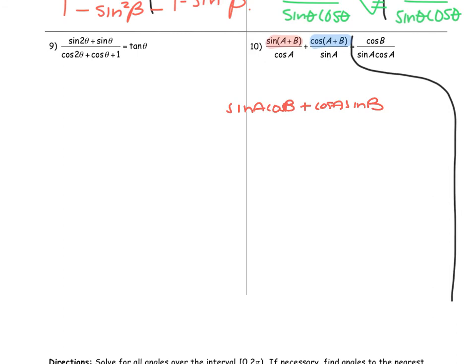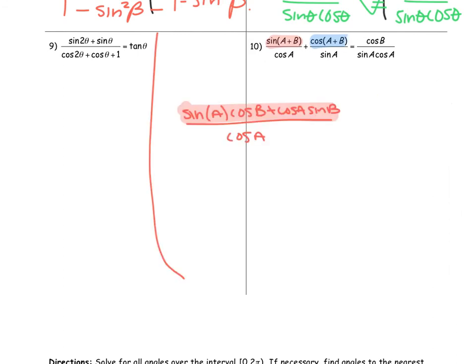Actually, I'm going to need even more space, so hang on. Okay, so I just substituted in sine of A plus B is the same thing as sine A cos B plus cos A sine B. Now I'm going to take a look at cosine of A plus B. So again, that's another sum identity formula.